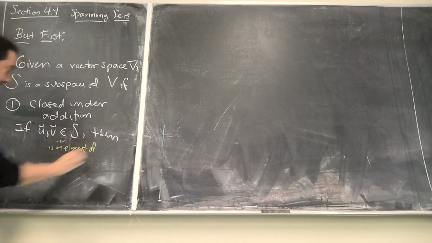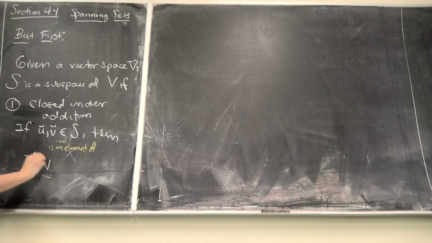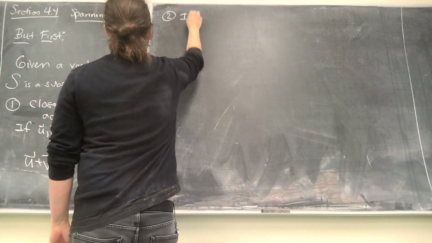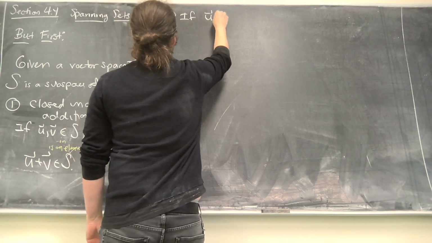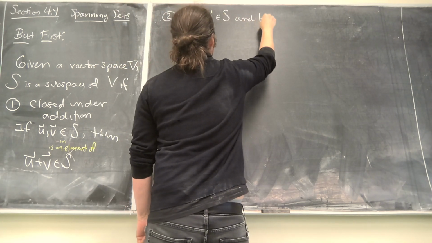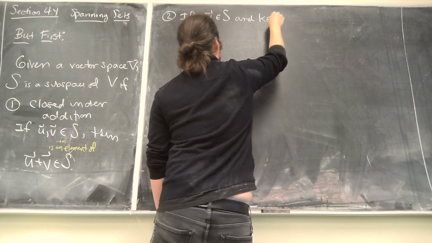then u plus v is in S. Any two things you start with, you add them together, you stay inside the same set. Condition 2. If u is in S and k is an element of the real numbers.